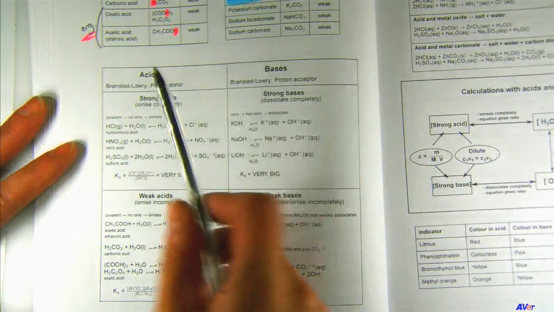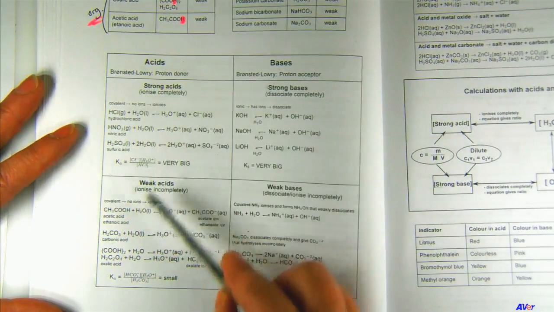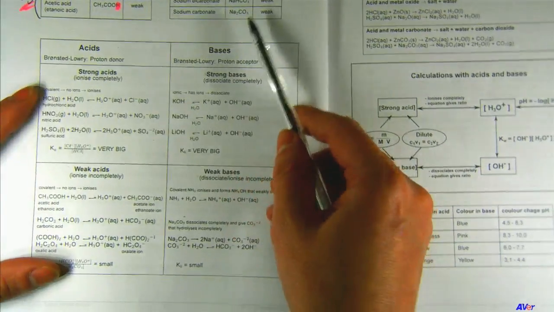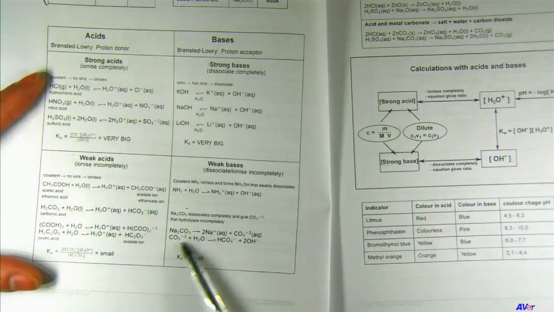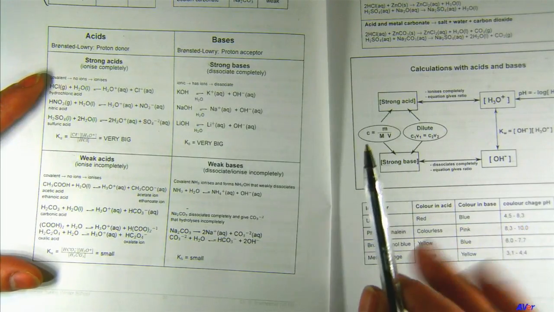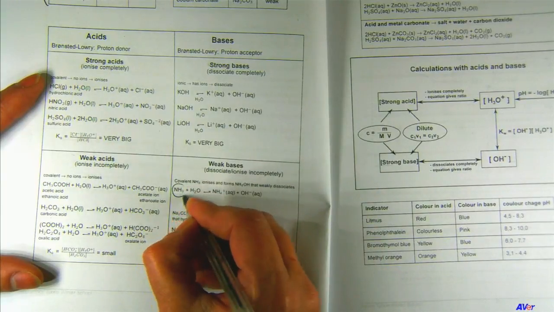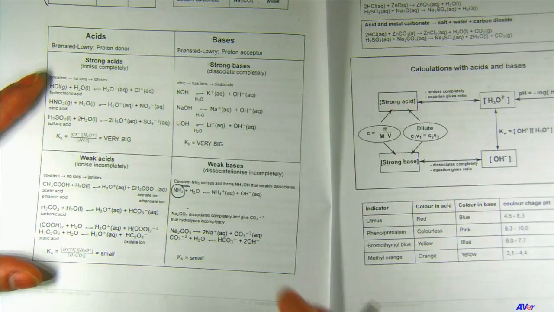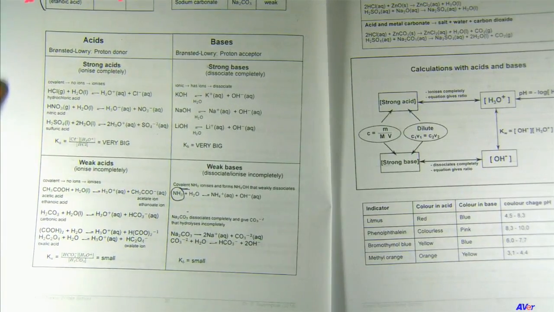So remember, acids, they ionize, every single one of them. But when you get to the bases, it depends. All the others, like sodium carbonate, will still dissociate. But when you get to NH3, that is the weird one. It is the covalent base. And that one will ionize.